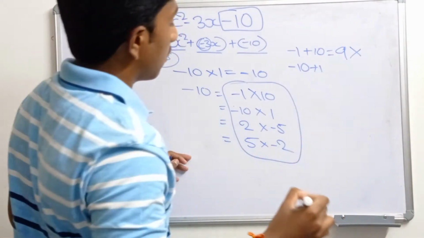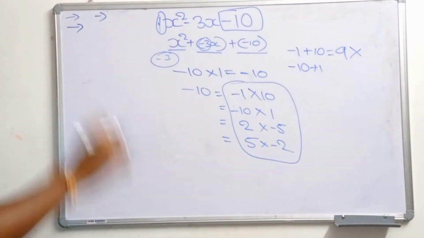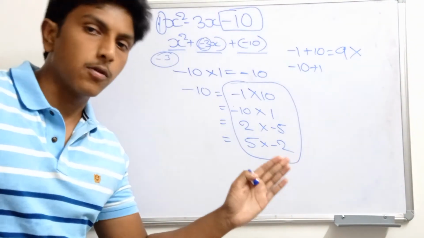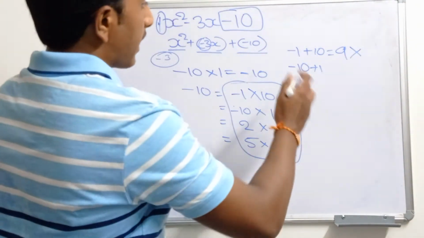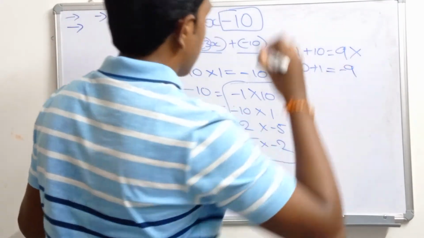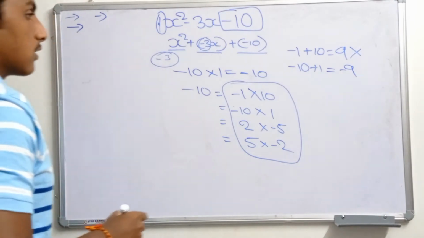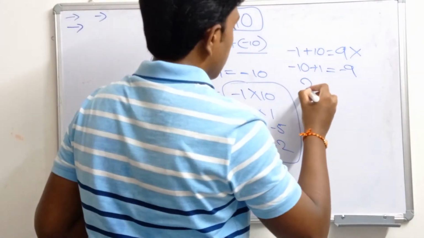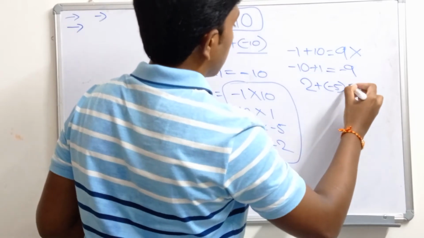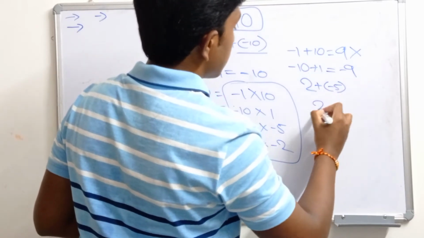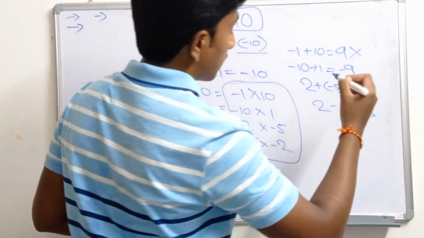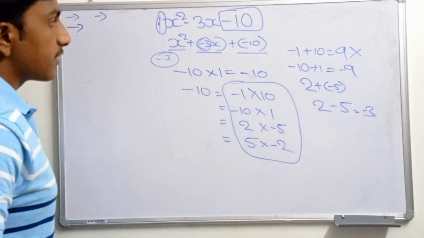Moving to the second one, minus 10 plus 1. I have already said, guys, you have to add the factors. Okay guys, is it clear? Minus 10 plus 1 is 1 minus 10, which is minus 9. Moving to the third one, 2 plus of minus 5, that is 2 minus 5, which means minus 3. Guys, is it sufficient here?